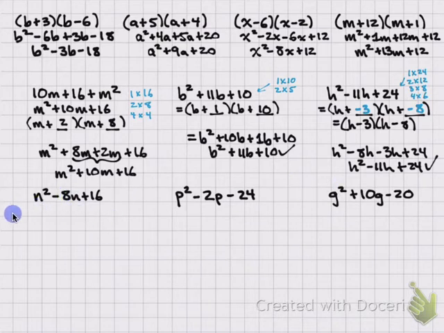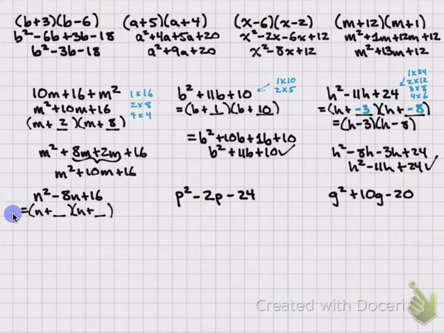But let's continue. n squared minus 8n plus 16. Standard form, no common factors. This is that specific type of trinomial. Let's do this. So we know immediately that this is going to factor as n plus some number times n plus some other number.